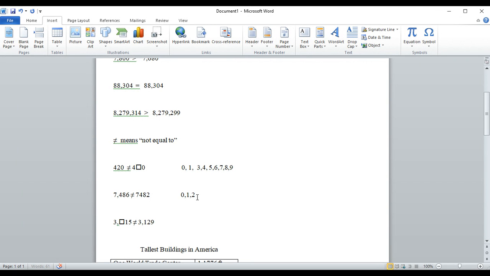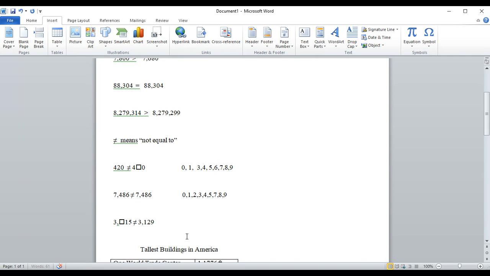I'm going to end up putting the 3, 4, 5. I will not put the 6 because 7,486 is not equal to 7,486. That is not true. Those are equal. So I'm going to put a 7, an 8, and a 9.